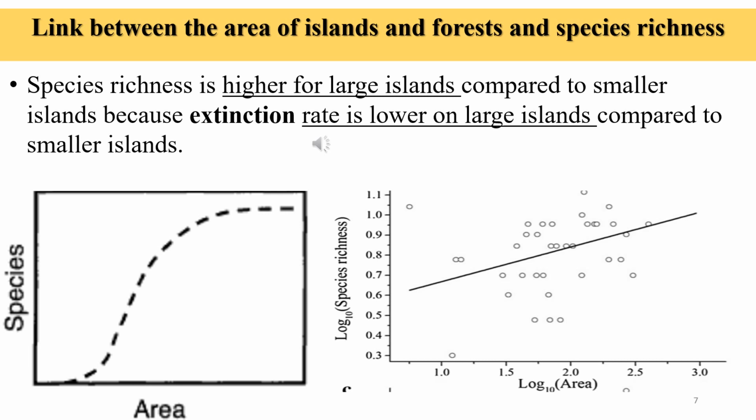This is because size determines extinction of species. As seen from the species area curve, as size of island increases, species richness also increases. This is because extinction rates will be lower on larger islands compared to smaller islands.